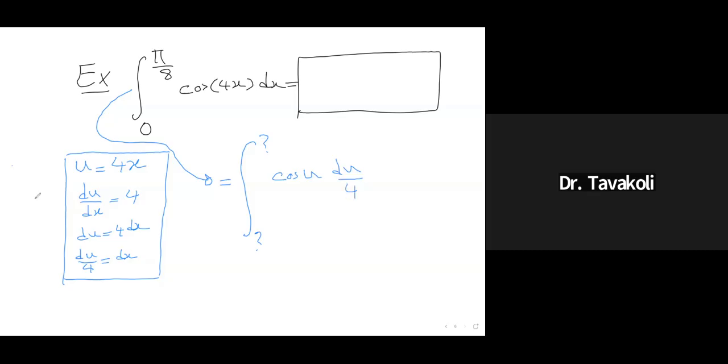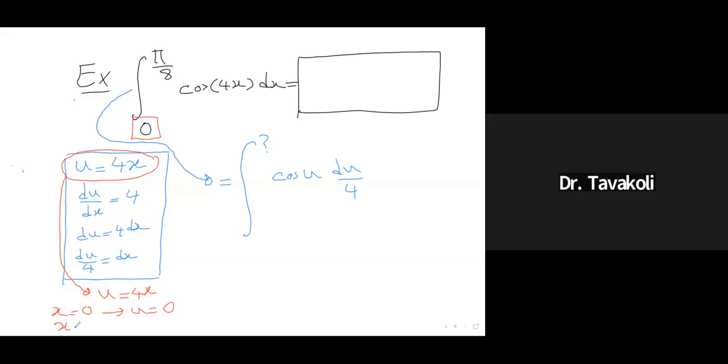Now, what about the limits of the integral? When x is 0, what is u? U is 4 times x. So when x is 0, 4 times 0 is still 0.